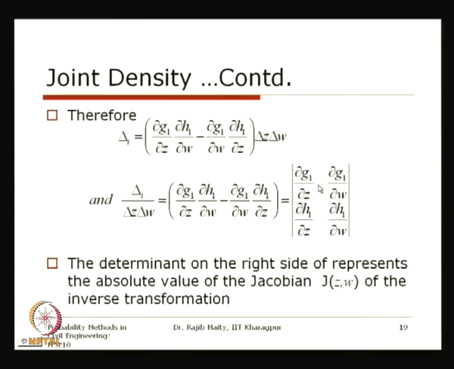Now when it becomes two random variables and two functions, we get a 2 by 2 matrix whose determinant is its Jacobian. Similarly, if there are three functions and three random variables, it will be a 3 by 3 matrix for which the determinant needs to be evaluated, which is the Jacobian of the three random variables. Here we are just talking about two random variables.